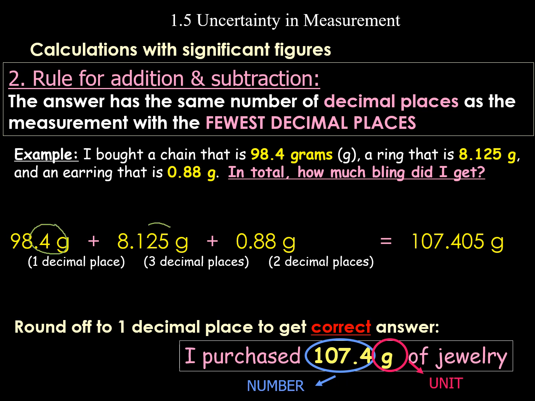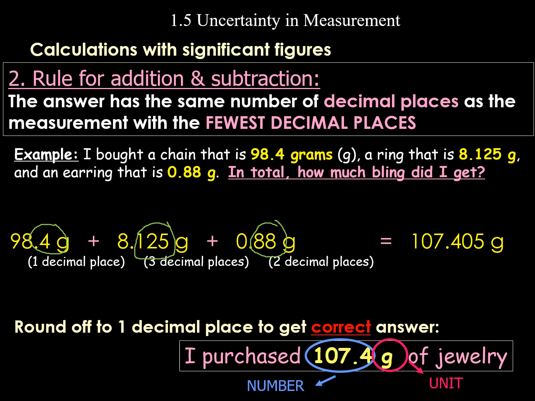The second value has 3 decimal places. The third value has 2 decimal places. According to our rule, we want the fewest decimal places, which is 1 in this case. The 98.4 has 1 decimal place. Therefore, our final answer has to have 1 decimal place, 107.4 grams.